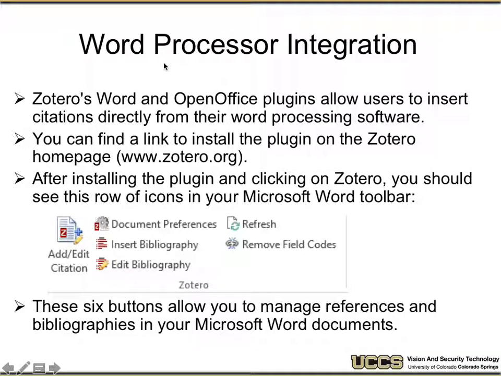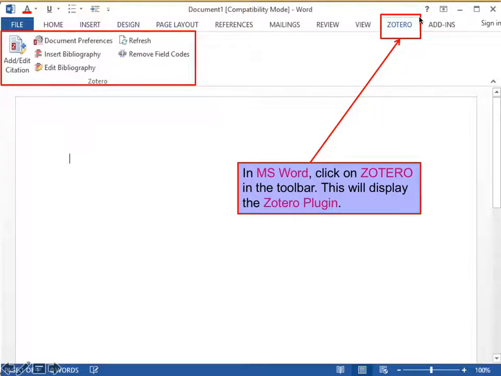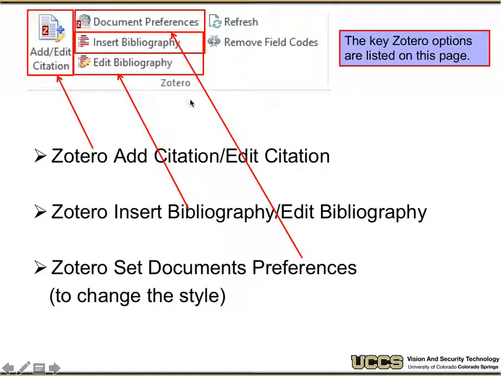If I am working in Word, or OpenOffice, and you really want to also share these, there are plugins for both. You then get a new little Zotero menu item. When I click on it, it asks, do I want to add a citation? Do I want to insert a bibliography? As I do any of those, I can set preferences.